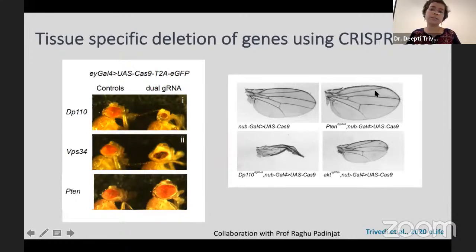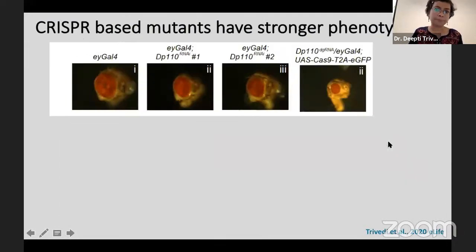The good thing about this tissue-specific CRISPR-Cas9 is that for genes whose mutations would be embryonic lethal or lethal before the fly becomes an adult, we can actually make these mutations specifically in a tissue by using the UAS-GAL4 system with Cas9.